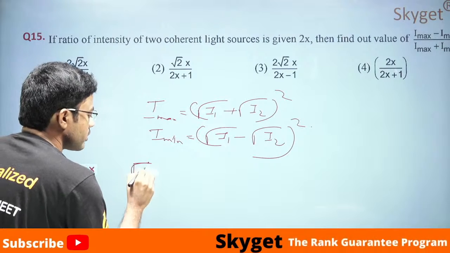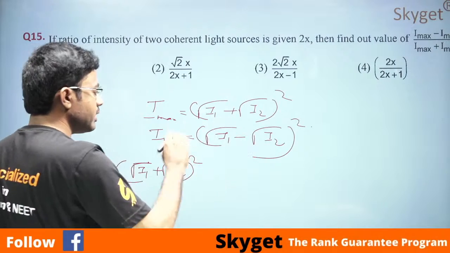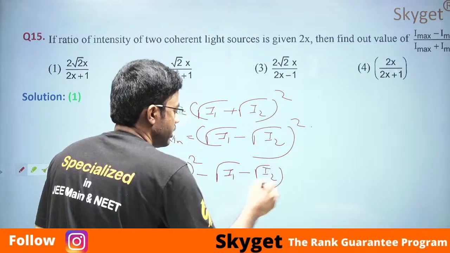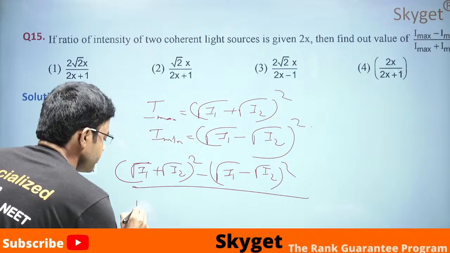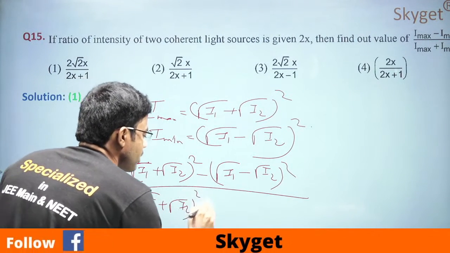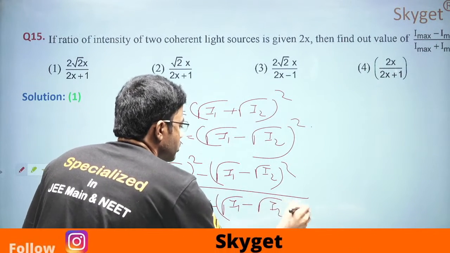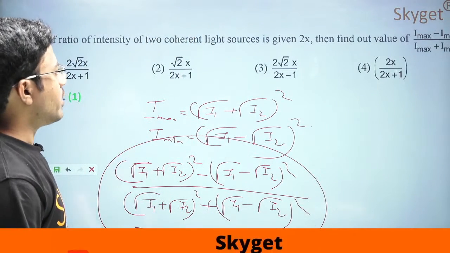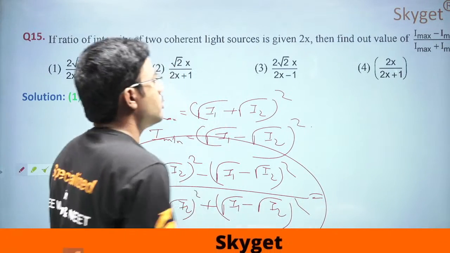So that is root over I1 plus I2 whole square minus root over I1 minus I2 whole square, by root over I1 plus I2 whole square plus root over I1 minus I2 whole square. This is the thing you have to solve here, but he has given the ratio of the intensities I max by I minimum is 2x.